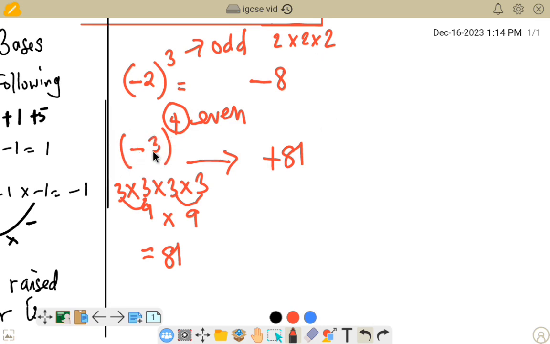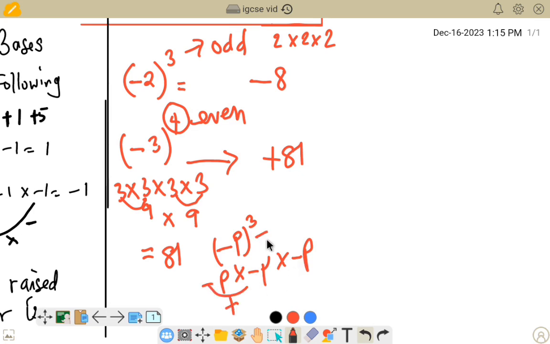Now this principle will work irrespective of the number inside the brackets. For example, if you have minus p raised to the power 3, it just means minus p times minus p times minus p. This one is plus and this one is negative.